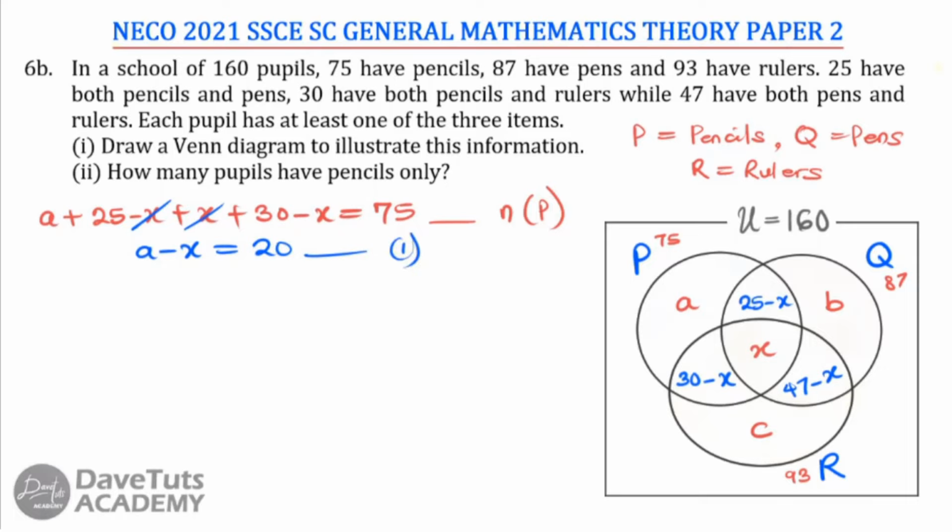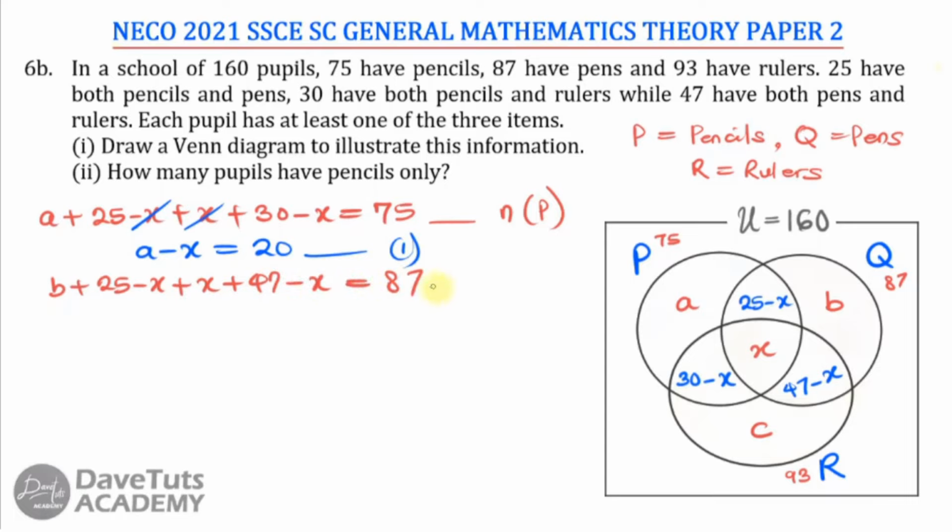In the same way, we can do it for Q, looking at the entries in Q. B, 47 minus X, 25 minus X, and X, they all add up to 87. So I'm going to have B plus 25 minus X plus 47 minus X is equal to 87.